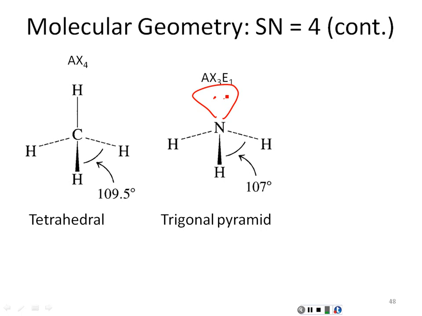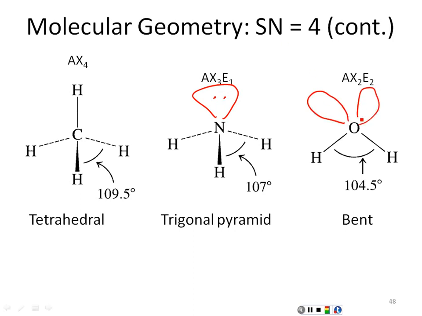So it's pushing those bonding pairs further down, and it's decreasing the bond angle. Let's look at a molecule that's AX2E2. A good example of that would be water. The molecular geometry is bent, and the bond angle goes all the way down to 104.5. Now, why is that? It's because now we have two lone pairs on the oxygen. So that's even more repulsive force on the two bonding pairs, and that pushes them even further down.